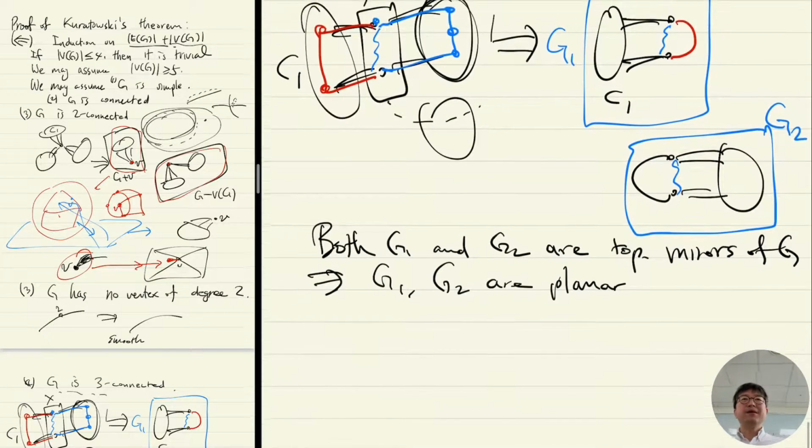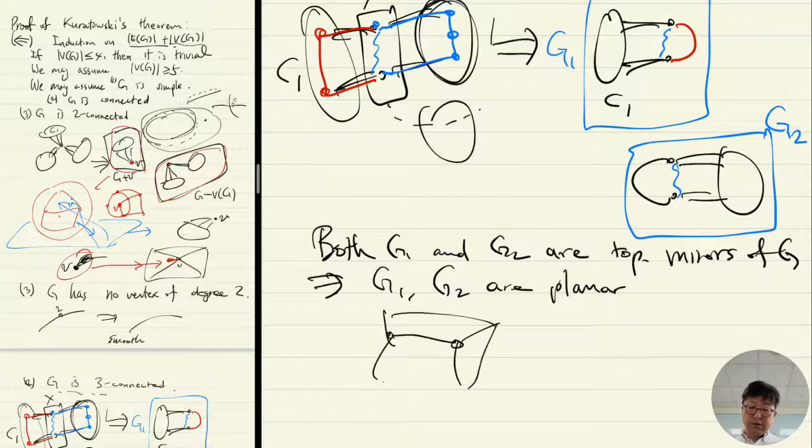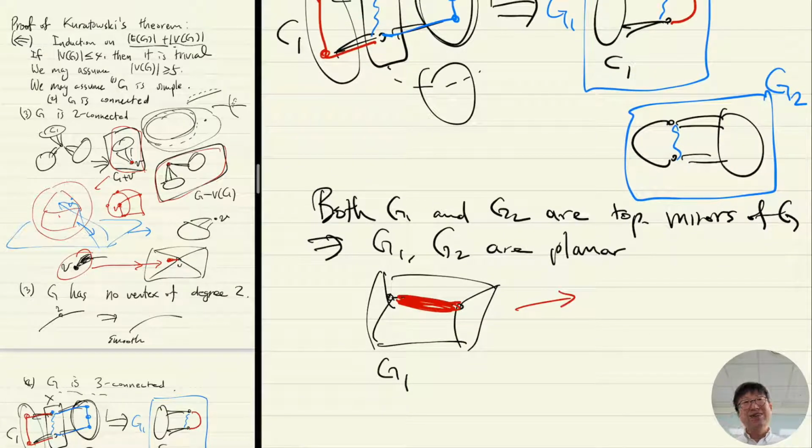Now again, we have the same situation. Let's say I have an embedding of G1. So let's say this is my G1 planar embedding, and this is the red edge. Okay. Now what we do is we again draw it in a different way so that this red edge is on the infinite face.